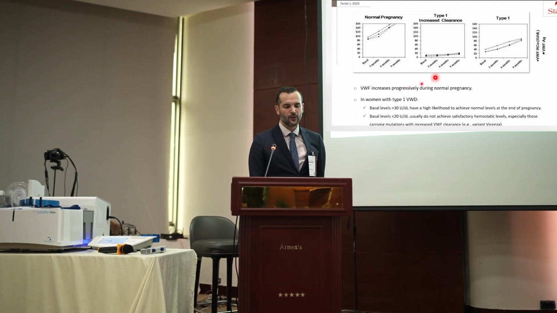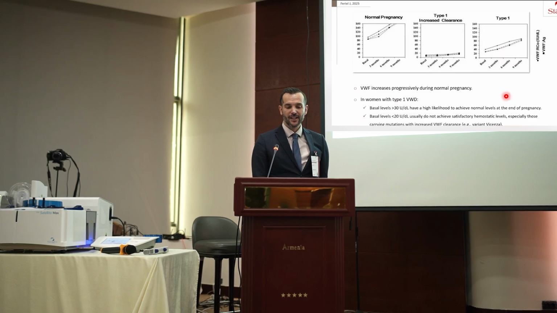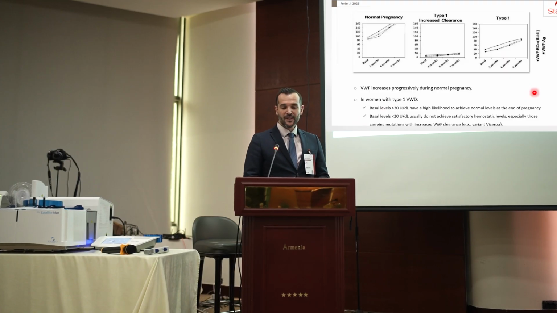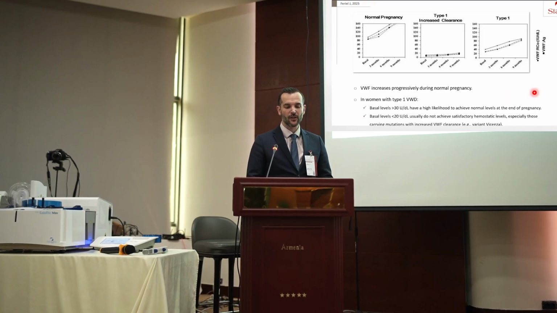Conversely, in women with basal levels below 20 units per deciliter, usually these women do not achieve satisfactory hemostatic levels. Why? Because this category of patients concerns mostly women carrying mutations with increased von Willebrand factor clearance, such as variant Vicenza.